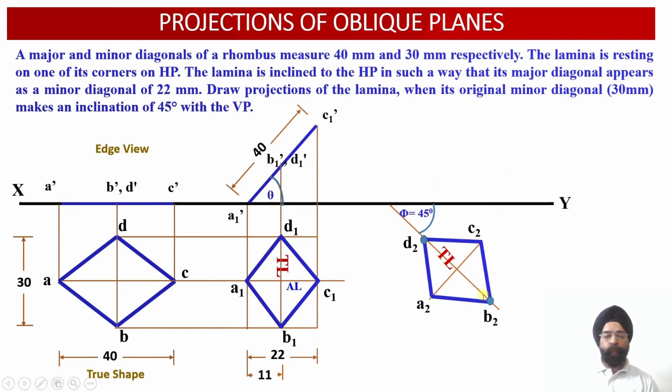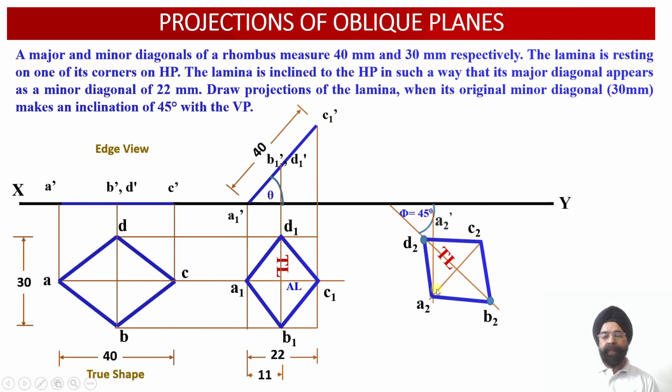From all these 4 points of the plan projection, A2, B2, C2 and D2, we are going to draw 4 vertical projector lines moving upward in such a way that they intersect with the corresponding horizontal lines drawn from the front view points A1 dash, B1 dash, C1 dash and D1 dash.